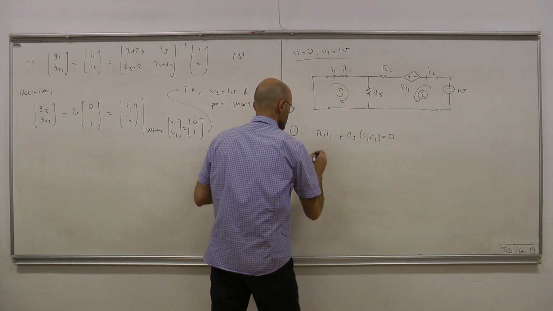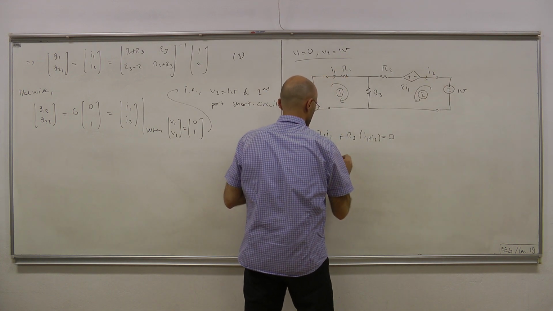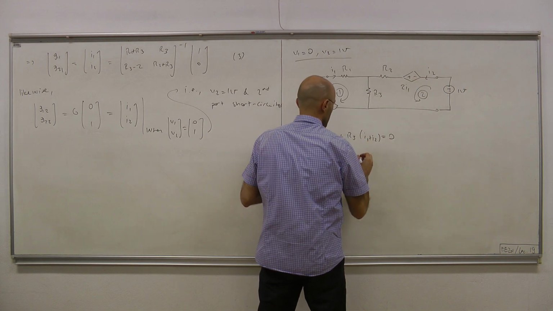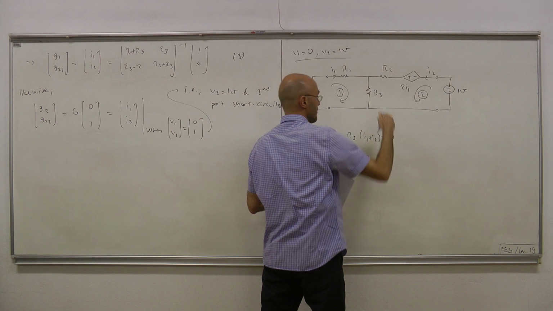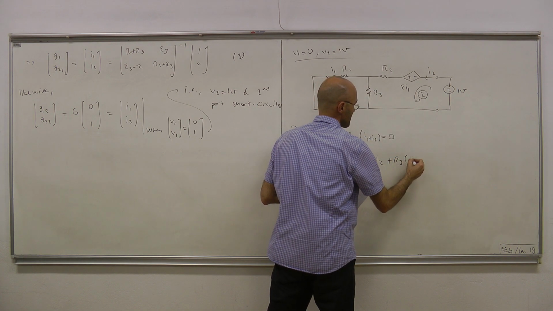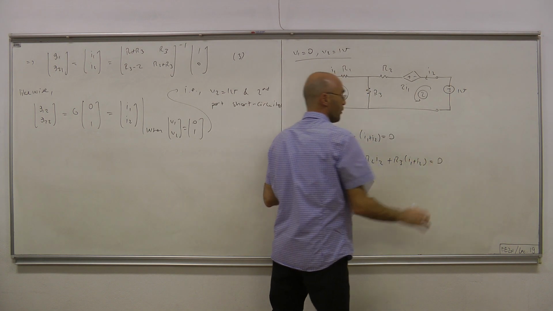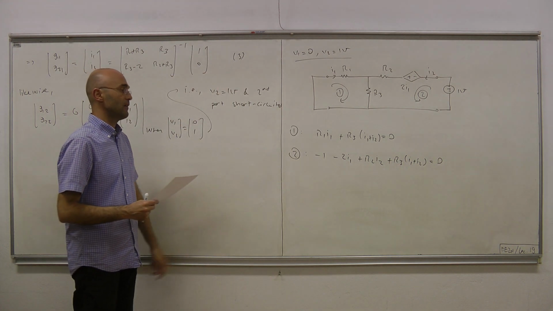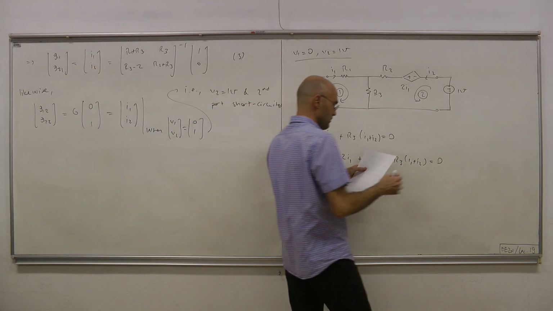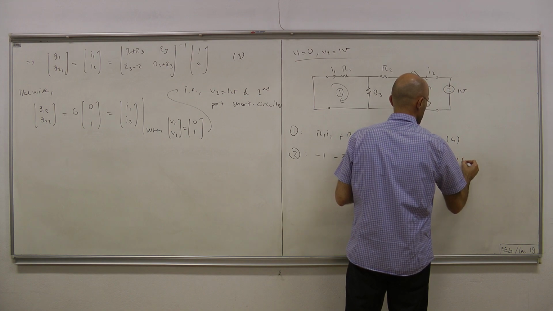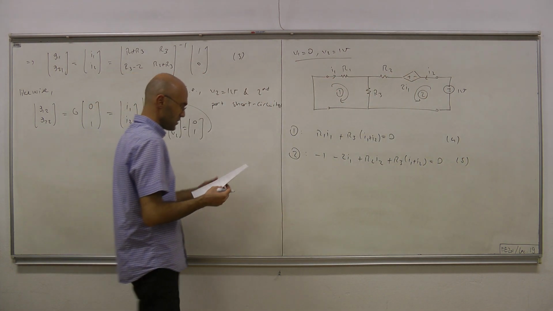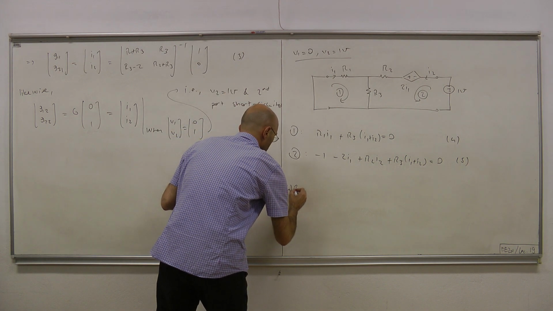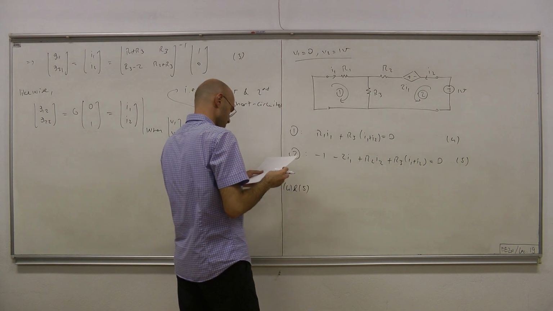We have minus 1, and then minus 2I1, then R2, I2, and finally this voltage, which is R3 times I1 plus I2. By KVL that equals 0. So let's give these equations numbers, 4 and 5.